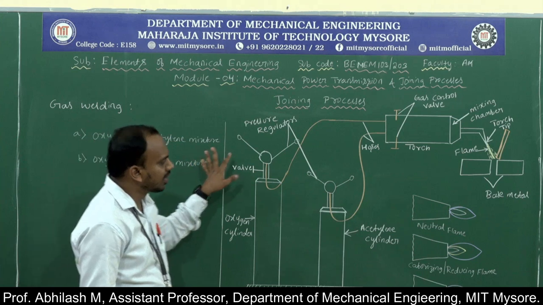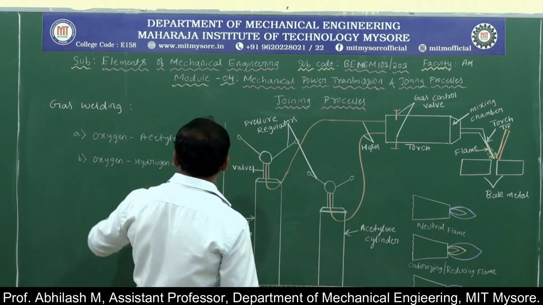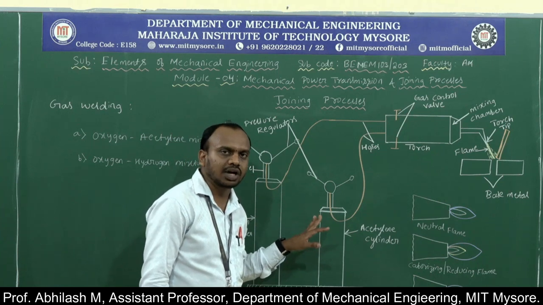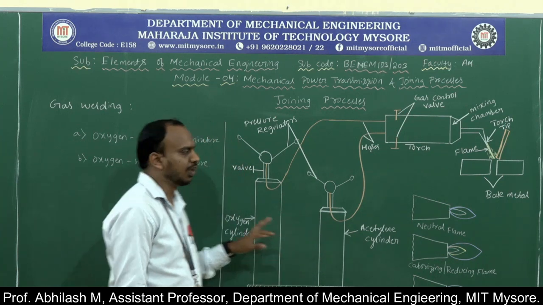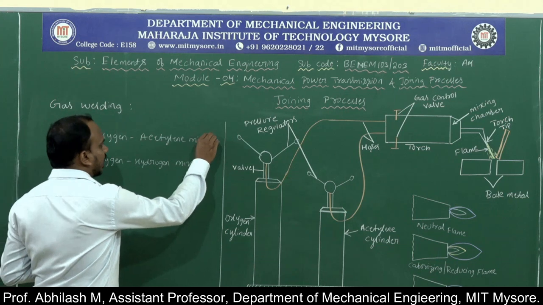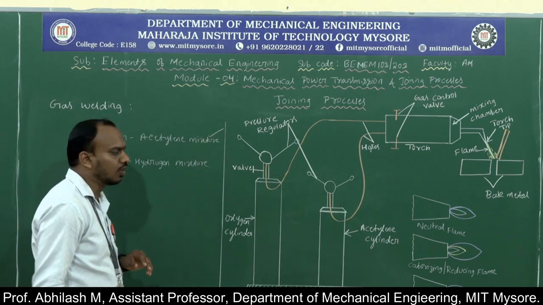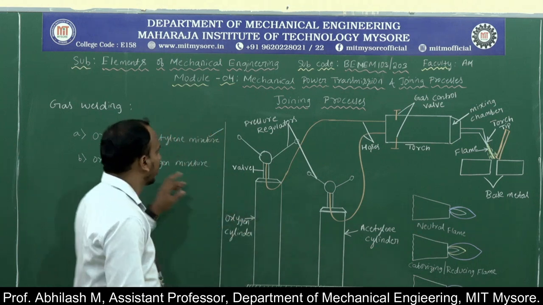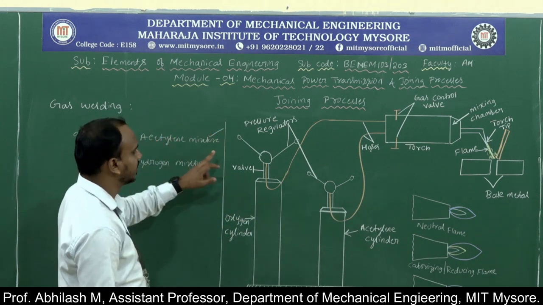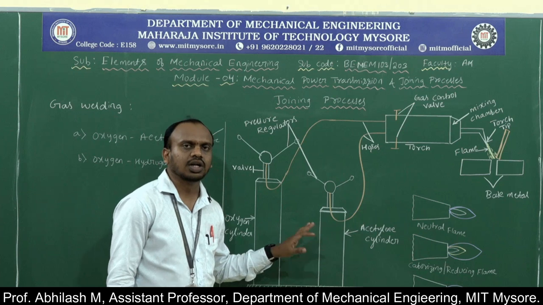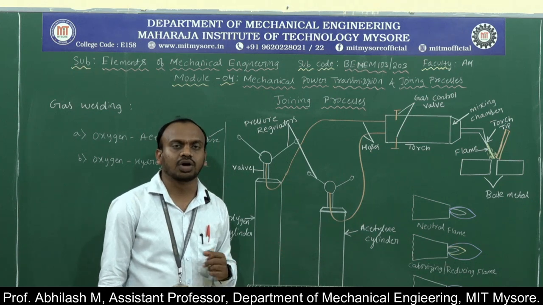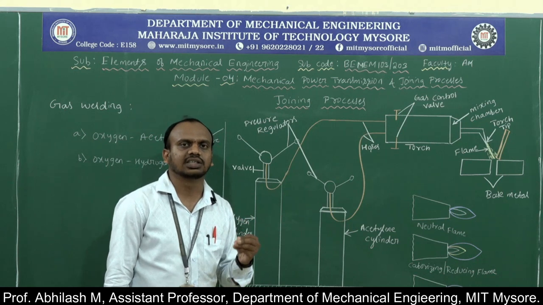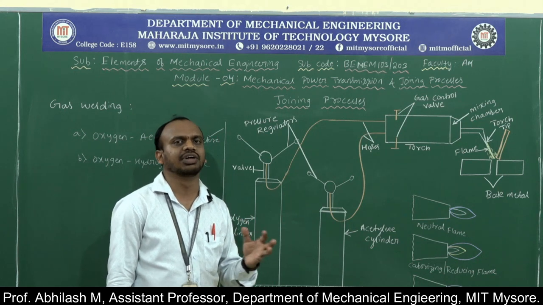Now a typical representation of the gas welding process is here, and we are going to learn the concept with respect to the oxygen acetylene mixture. The sketch we have drawn is for the oxygen acetylene gas welding process. What are the components of oxygen acetylene gas welding, or oxyacetylene as we generally call it?